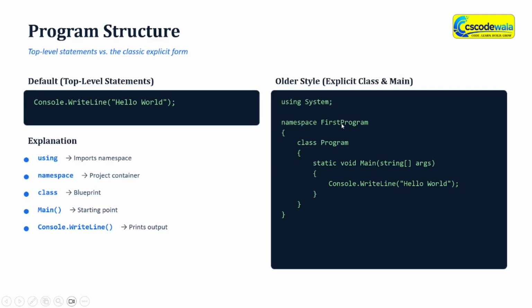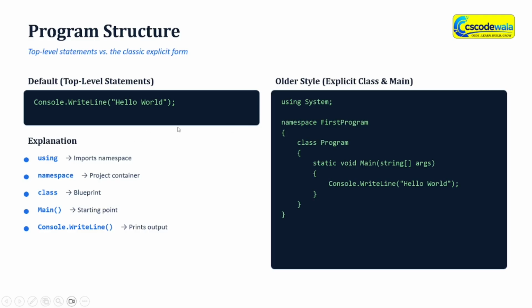we remove the namespace, class Program, and then the Main method. Directly here, only our program is written. No curly brackets, no methods.